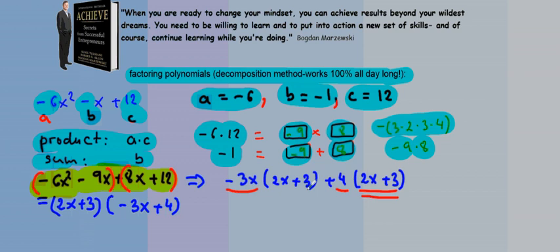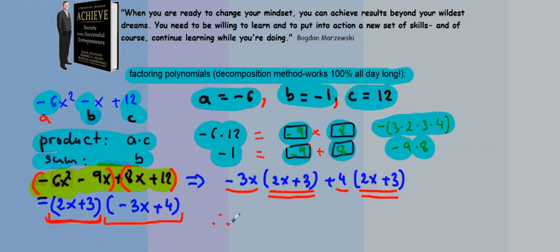Once you see that you get a new factor, 2x plus 3 in our case, which is common for both, then this factor is being pulled outside. You factor it out, so you take out 2x plus 3, and you insert negative 3x from the first group and positive 4 from the second.